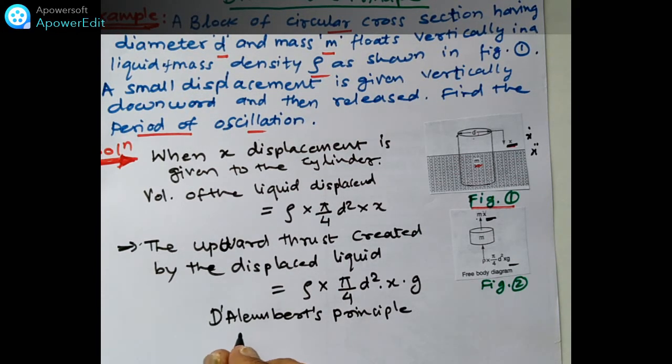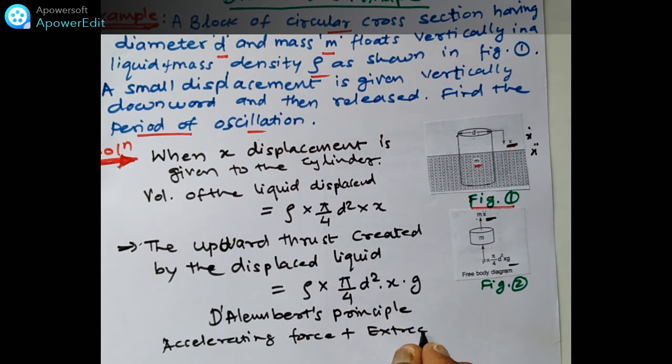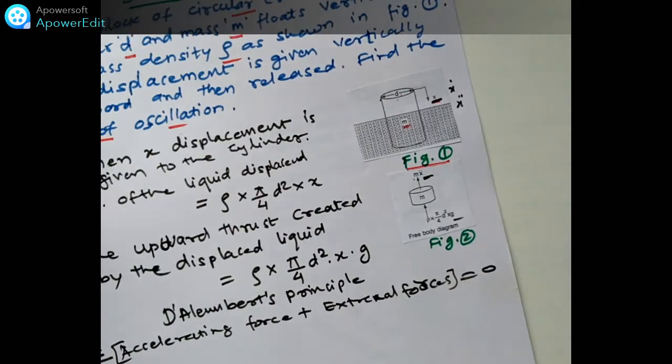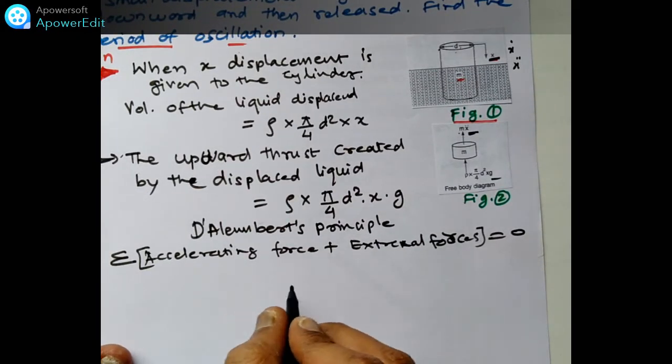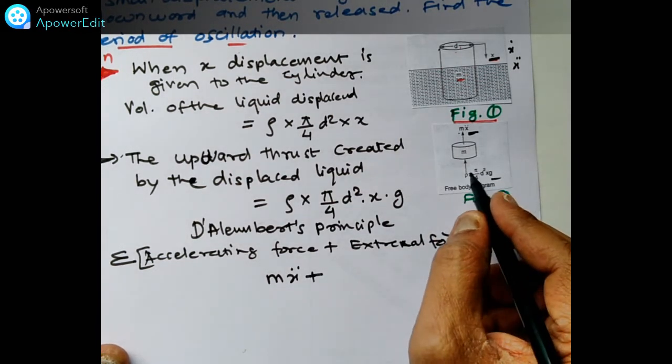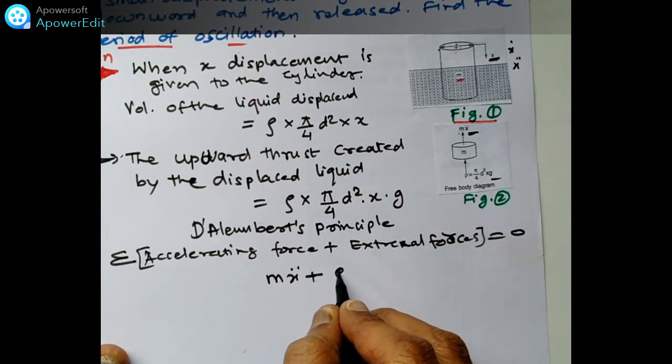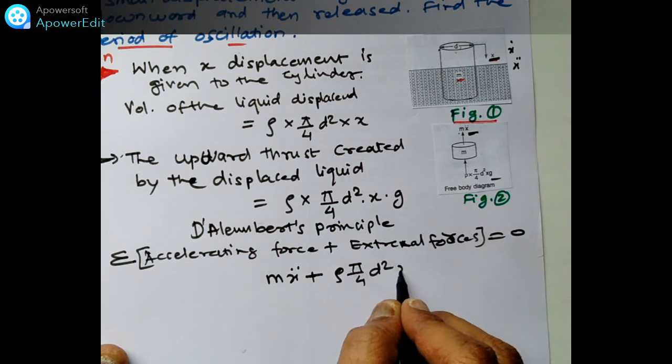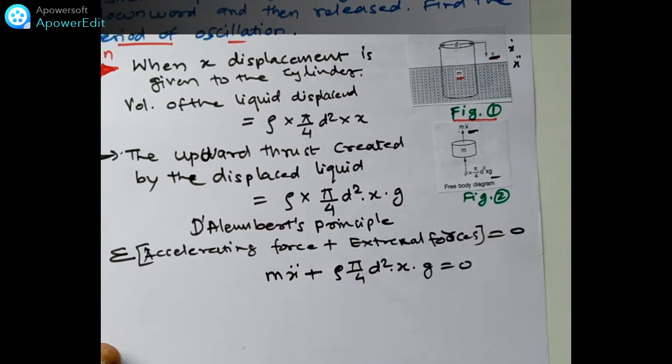By using D'Alembert's principle, we can write that the accelerating force plus the external forces, the summation of these two, is equal to 0. Here the accelerating force is m x double dot, plus the thrust, which is the external force, rho into pi by 4 d square x into g, equal to 0.